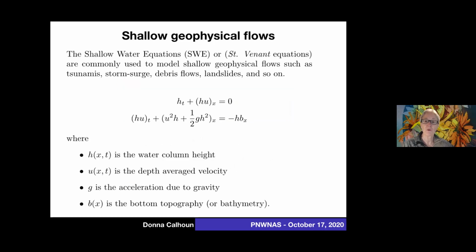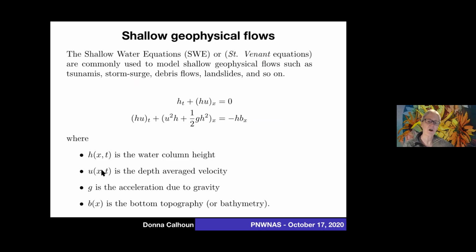The shallow water wave equations are a coupled system of nonlinear PDEs, and I'll explain a little bit more about the derivation of these. Basically, we model a depth averaged height. So they're a set of depth averaged equations in which we assume that the horizontal velocity, this is the 1D version, has been depth averaged.